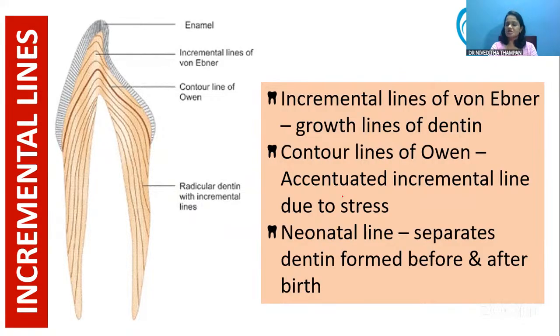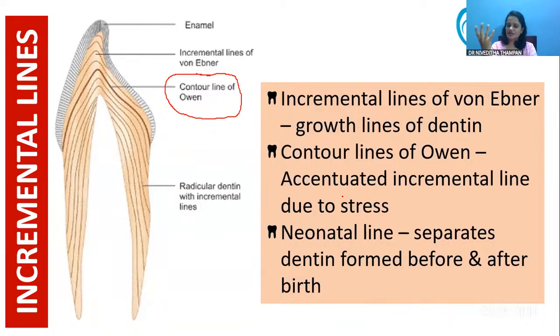Just like the neonatal line in the enamel, there is a neonatal line in the dentin also. And there is another very prominent line in dentin called the contour line of Owen. This contour line of Owen is a very prominent or accentuated incremental line that is present due to some kind of stress.